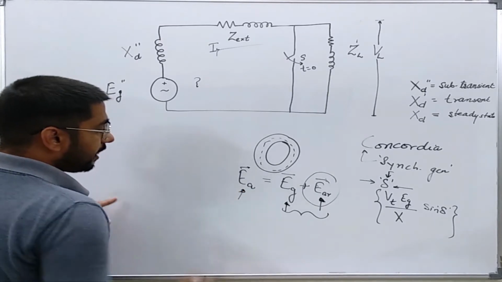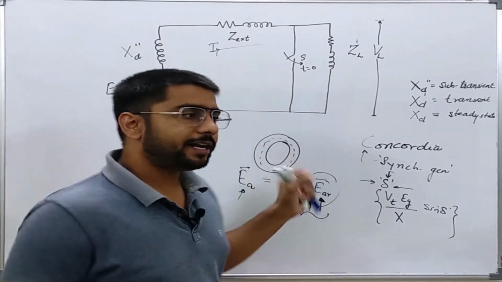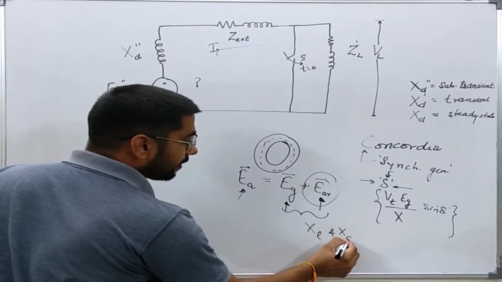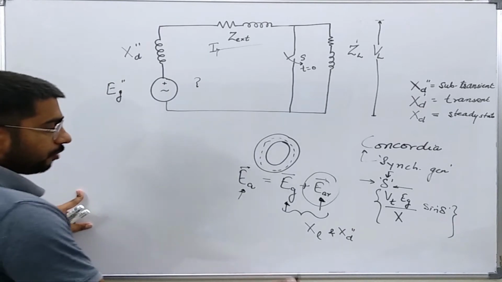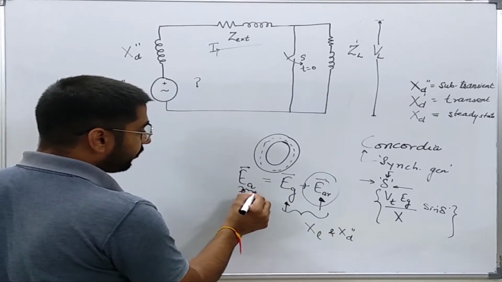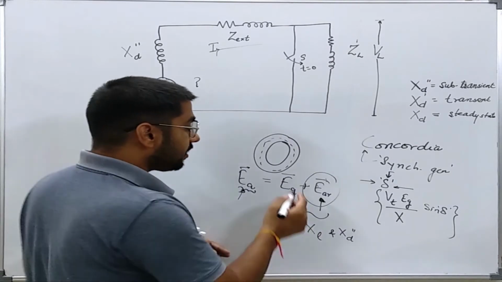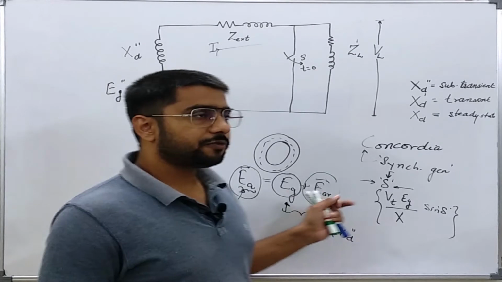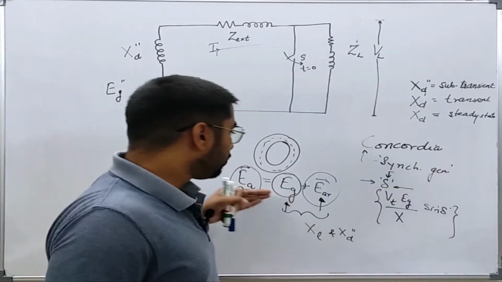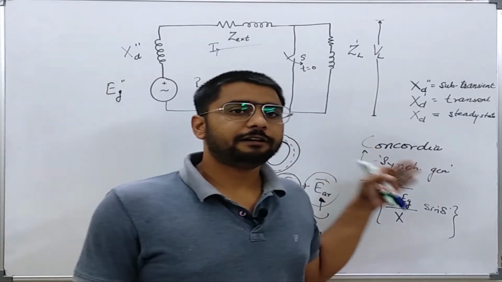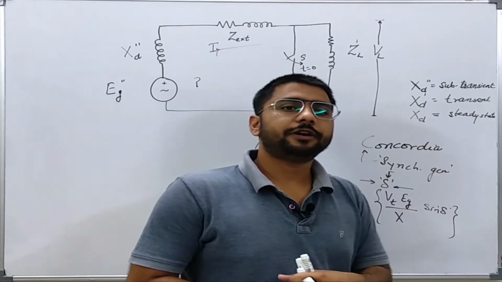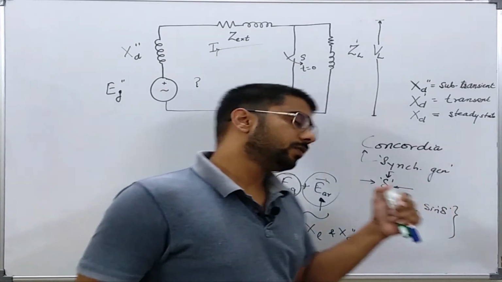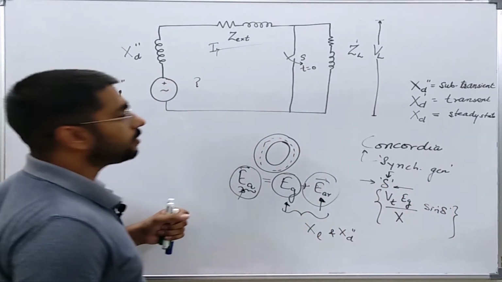As we saw in one of our previous lectures, when we derived the relation between the leakage reactance and the sub-transient reactance, we found that this air gap EMF just after the fault was slightly smaller than EG, because of the reduction in the mutual flux between the field winding and the armature winding, since some of the field is also generated in the damper winding and some is lost due to eddy currents and saturation also.